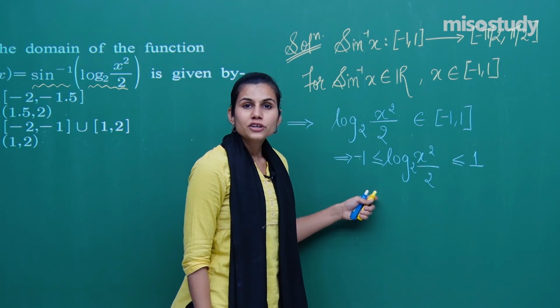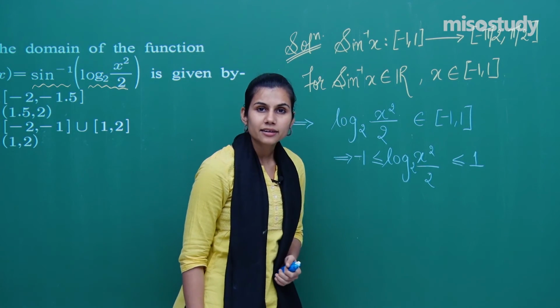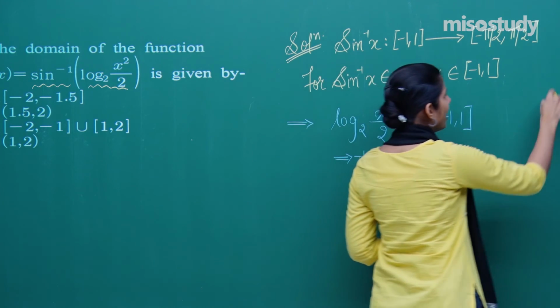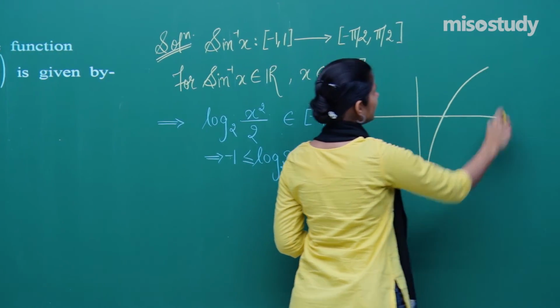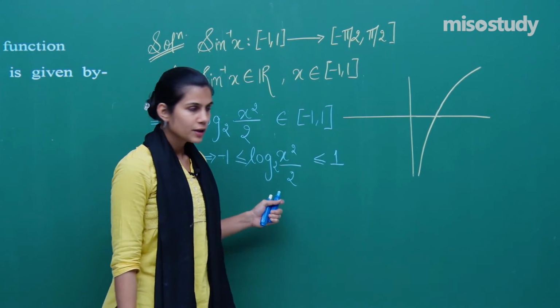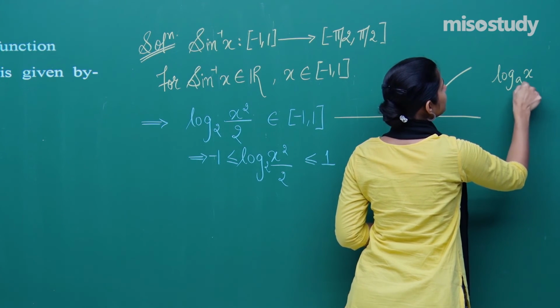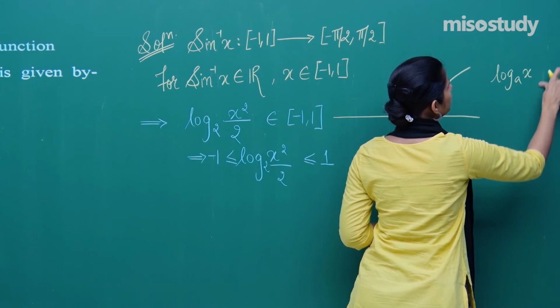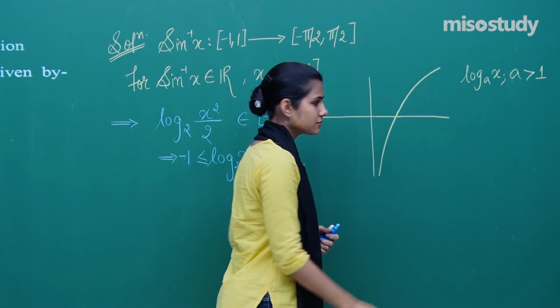Why don't we try and draw the graph of log x to the base a where a is greater than 1. The graph is this for that particular log, which is log x to the base a where a is greater than 1.